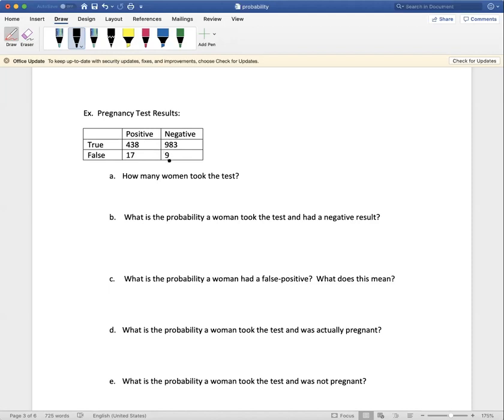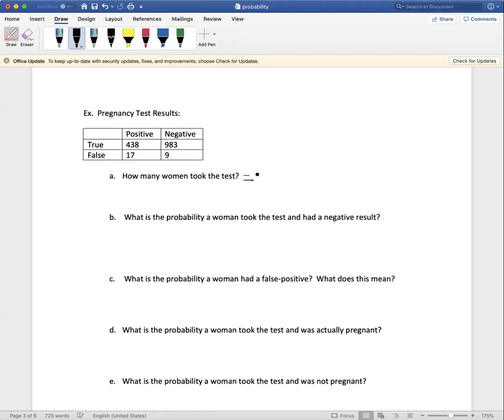And this false negative, this means that these 9 women took the test, it came out negative, but it was incorrect. So if a negative test is incorrect, that means that they were really pregnant. It's like two negatives give you a positive. So the false negative, again, means that the outcome was negative, but they were really pregnant.